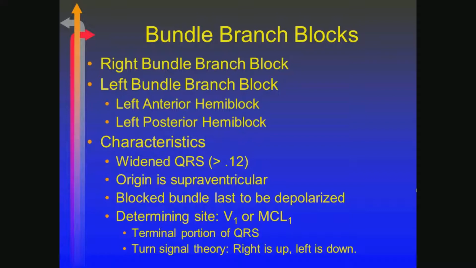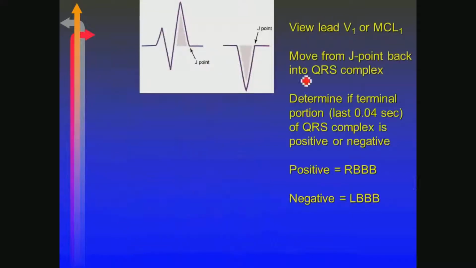Okay. We look at V1 or MCL1. That's why they use MCL1 in a coronary care unit. And we look at the terminal portion of the QRS complex, and we're going to use what we call the turn signal theory. If you think about which way you flip your blinker, it's going to tell you which bundle has a block. So I look at the end of my QRS complex, what is called the J point. It's the very end of the QRS complex.